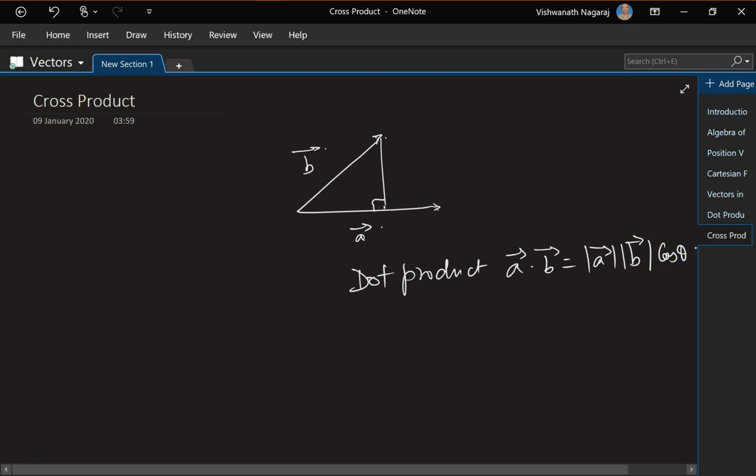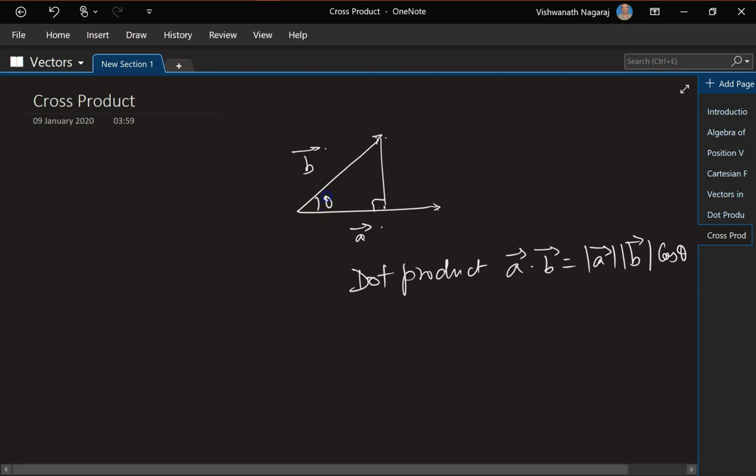The other possibility is what? If you just randomly think about it without any reason, the other possibility is that instead of cos theta, we will have sin theta. But if we think in terms of sin theta, what happens?